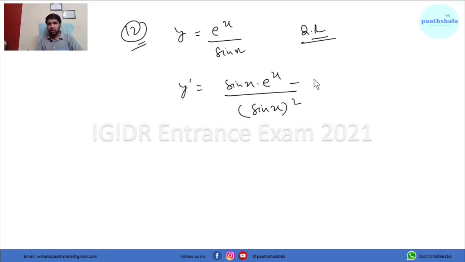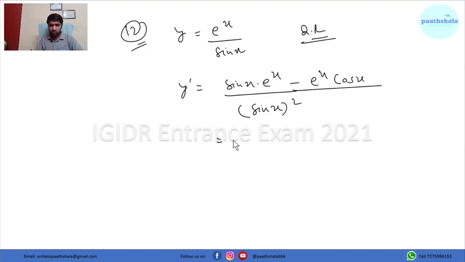Minus, now what we will do, we'll write the first function as it is, and we'll differentiate the second function. Differentiation of sin x is cos x.